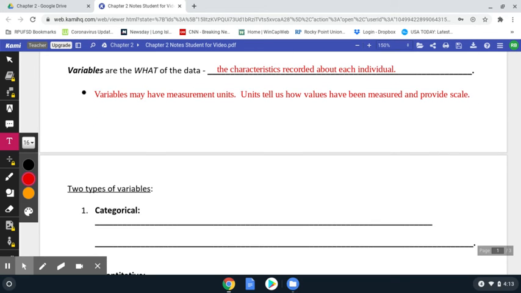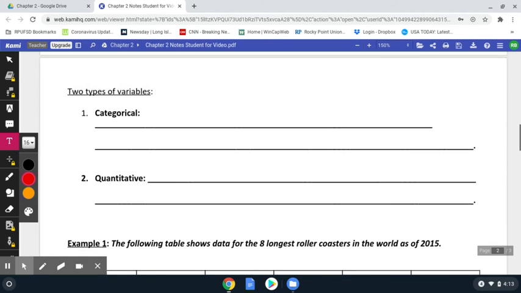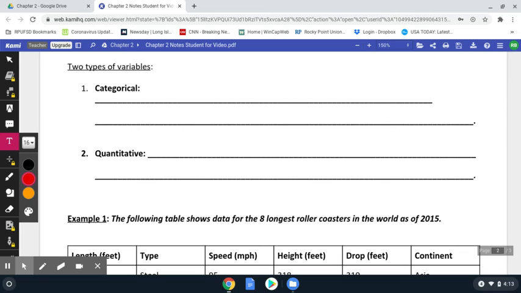Okay, so let's get down here and talk about variables a little bit more, because we can really take our variables and drop them into 2 different groups. The first group we're going to talk about is categorical. Now, categorical data is a lot like it sounds, categories.